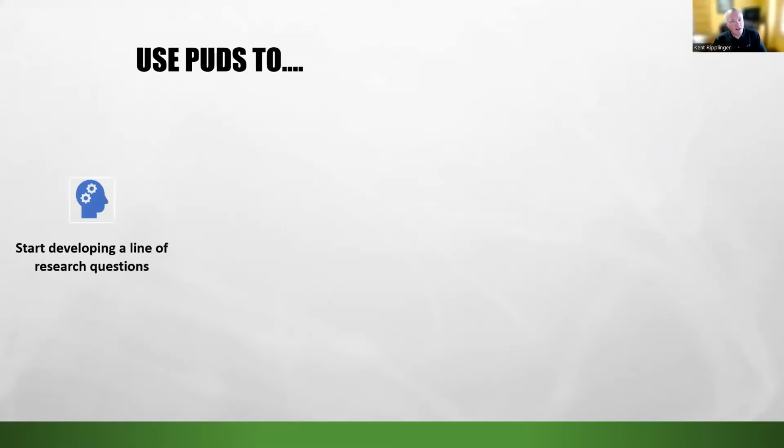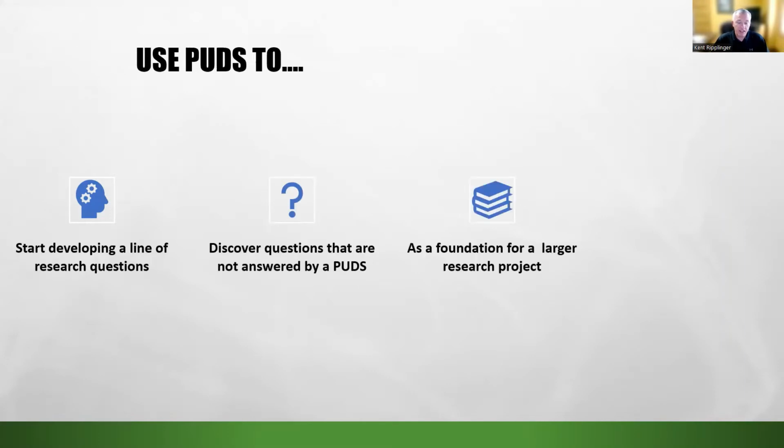So we were talking about the benefits of public use data sets. We also hope that as you explore data sets, it might help you develop a line of research questions or discover questions that are not answered by reviewing the data. We also think that as you get into initial research and looking at the data to answer your question, it might lead to a larger research project.